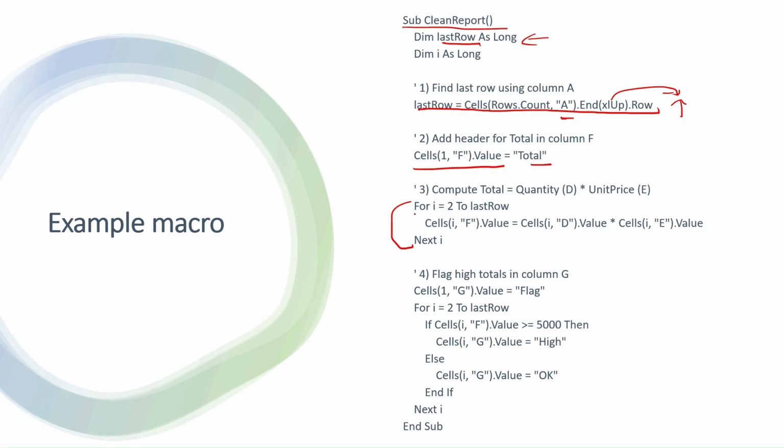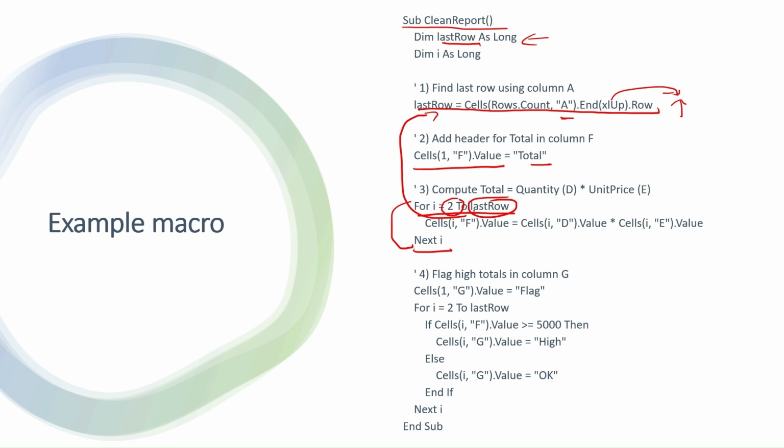Now, what's happening here is that For i = 2 To lastRow, up to Next i, you are repeating the next action for every row from row 2 down to the last row that you have. The last row is what you defined as a variable earlier. If the last row is 10,000, it will repeat that step up to 10,000.